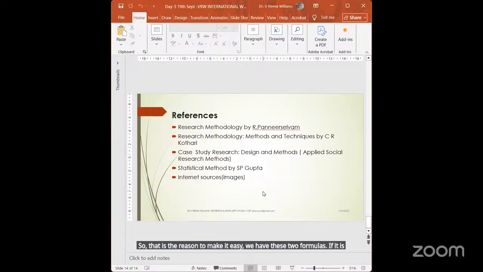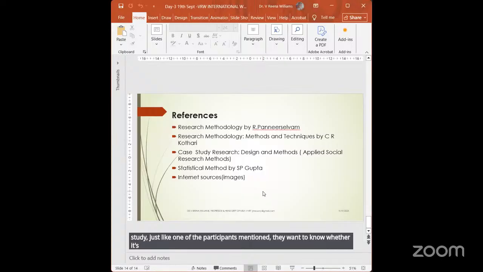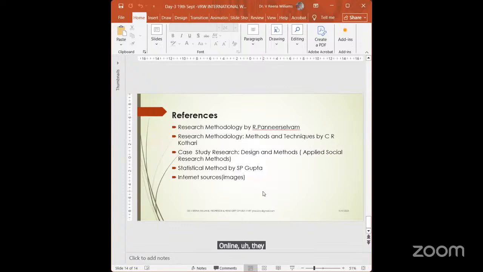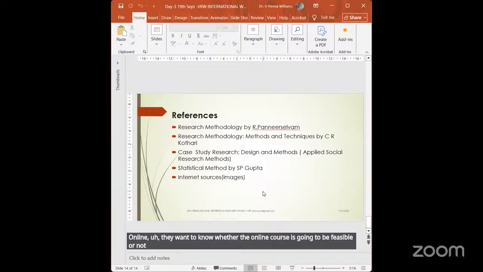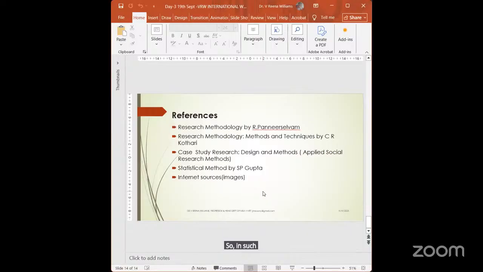If it is a study, just like one of the participants mentioned, they want to know whether an online course is going to be feasible all over India. So here the population is huge, right? In such a case, the Z test, that is the first one, is the right one.